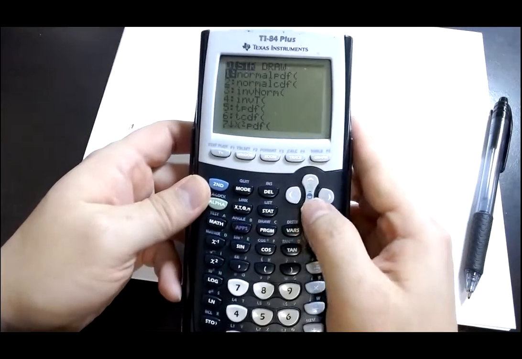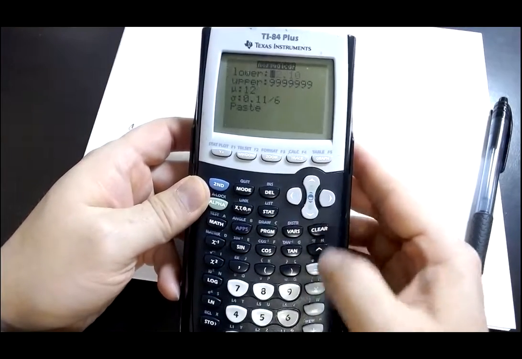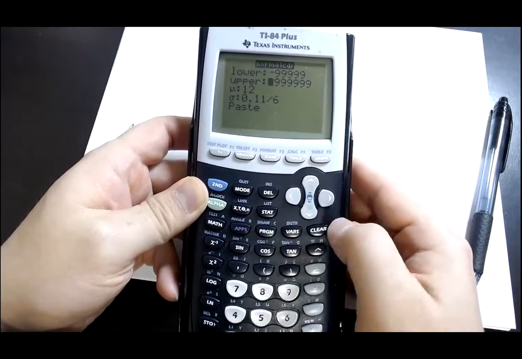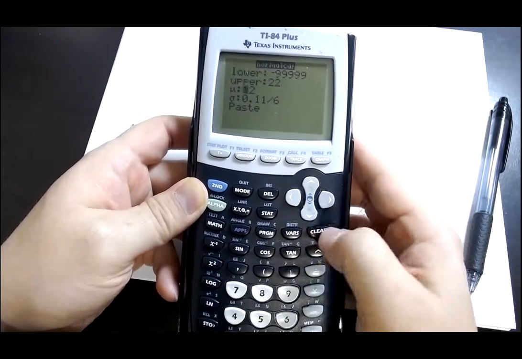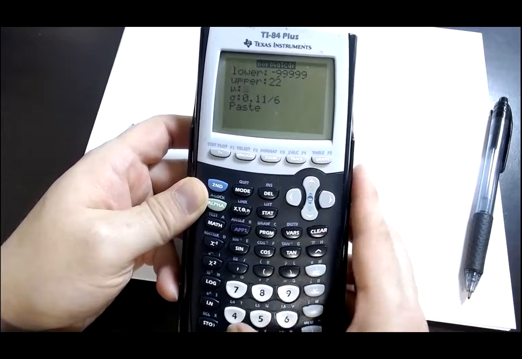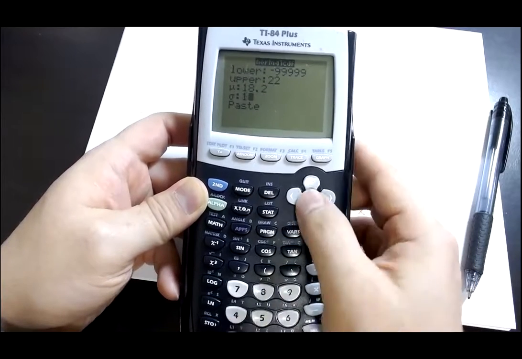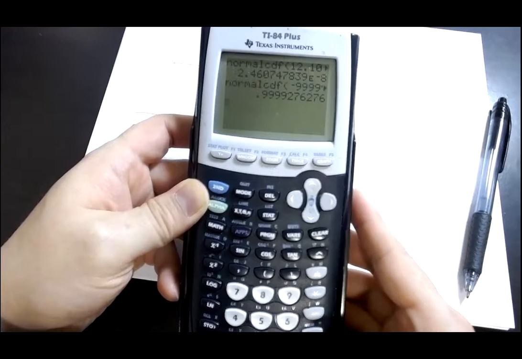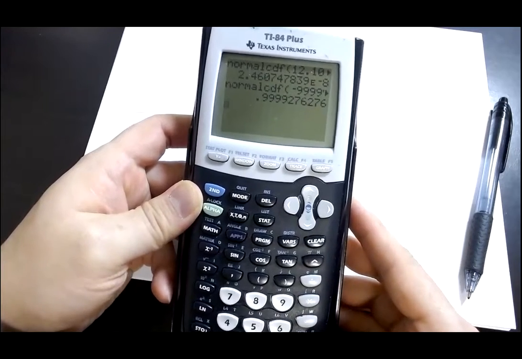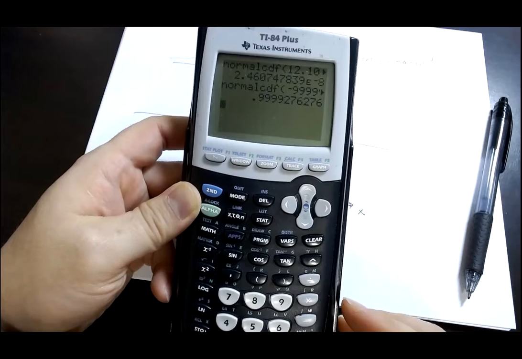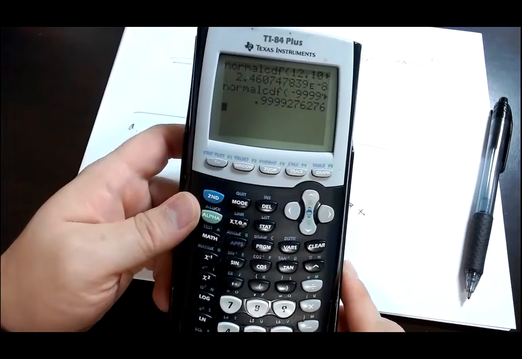Lower is negative 99999, upper is 22, mu is 18.2, and sigma is 1. So we're going to get 0.999. It means what percentage is it? It's 100%, right?